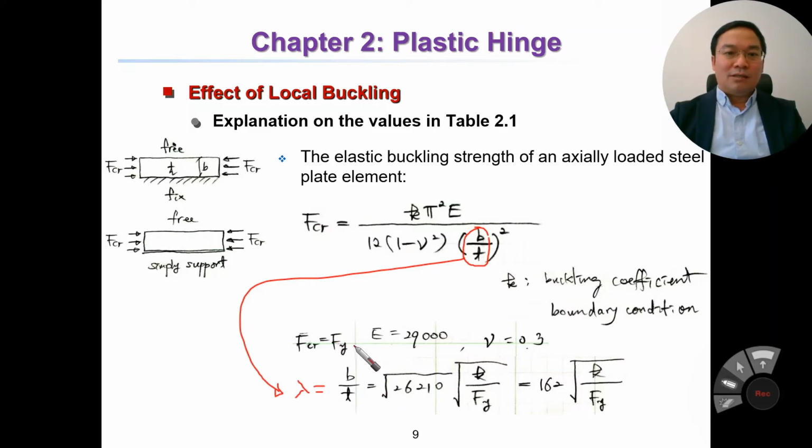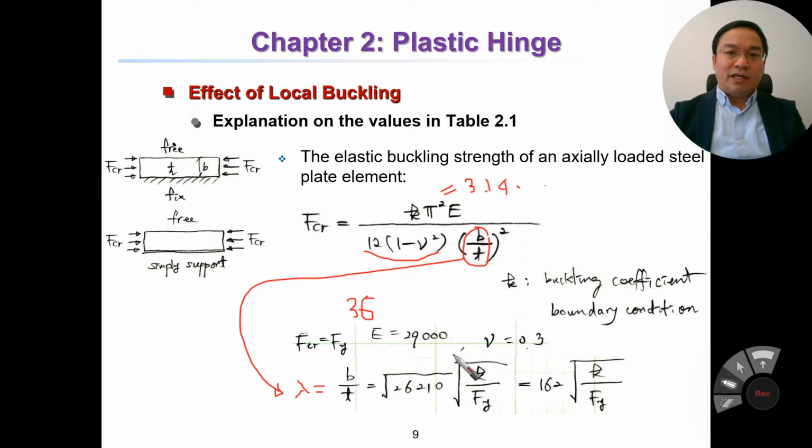From here, we have lambda equal to b over t equal to the square root of E over Fy, let's say 36 something, multiplied by this one. We have nu equal to 0.3 here, and then divide by k, and this one equals 3.14 something.